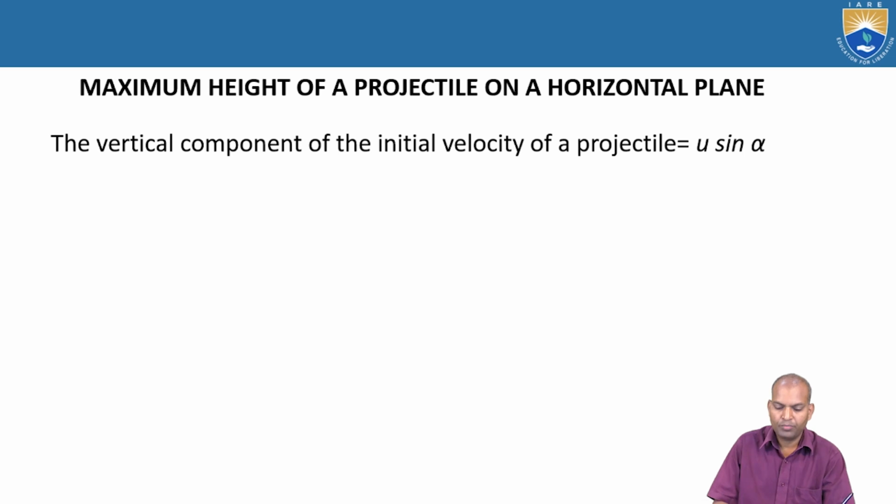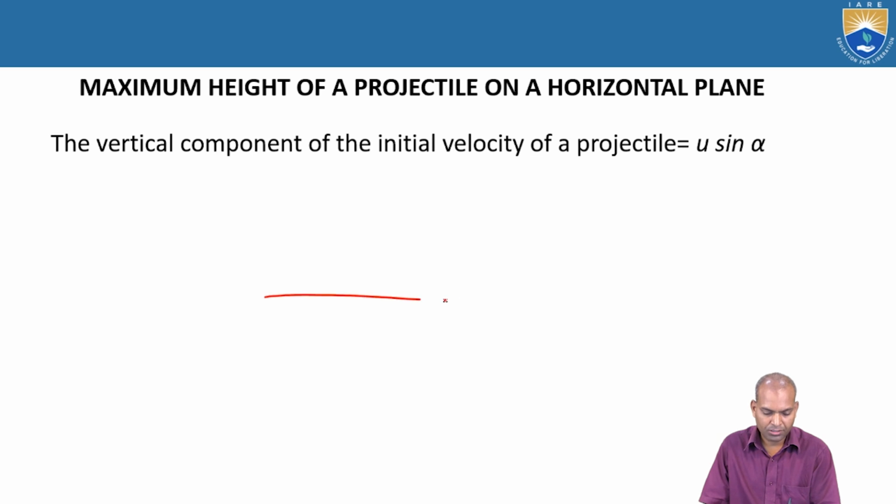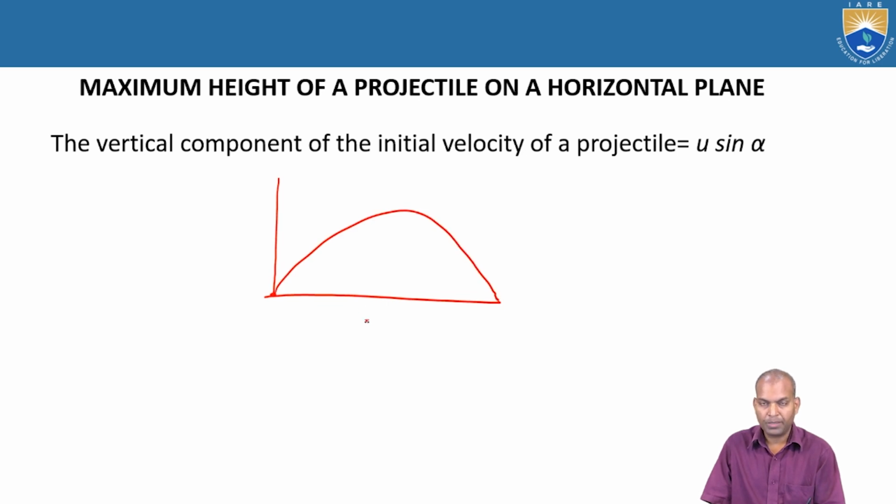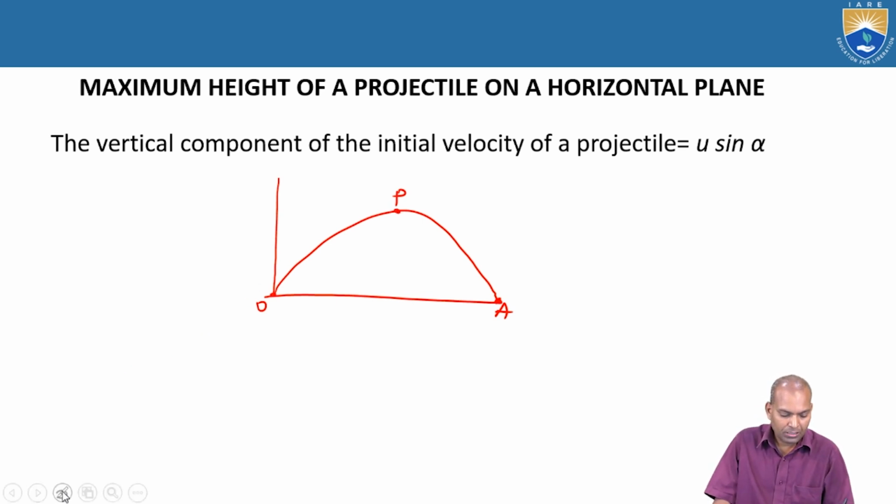Here the vertical component of the initial velocity of the projectile is u sin alpha and the horizontal component is u cos alpha. Suppose we consider a projectile moving in the shape of a parabola and reaching the ground at point A, and point P is the maximum height.